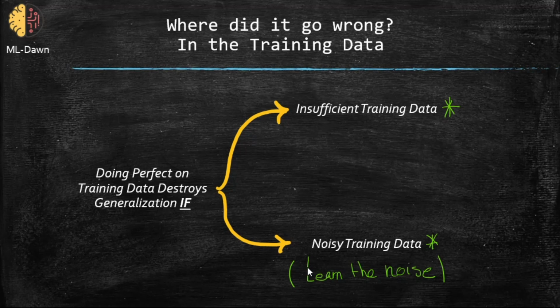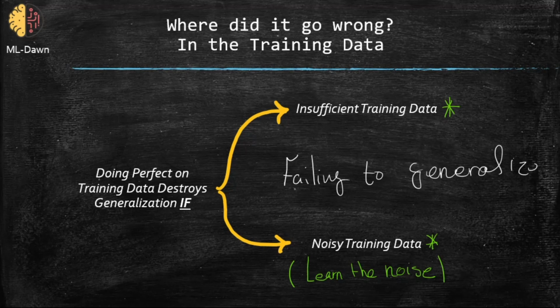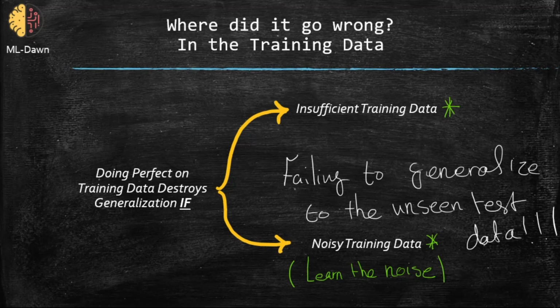In both cases the result is the same: failing to generalize to the unseen test data. That is the ultimate disaster.